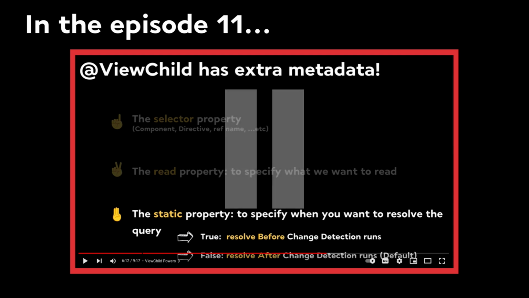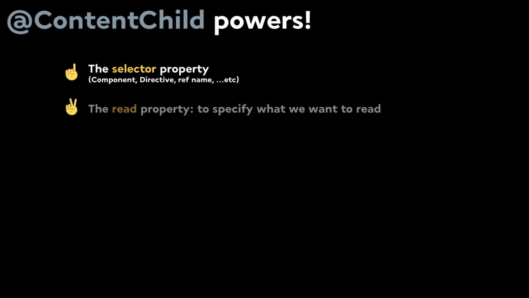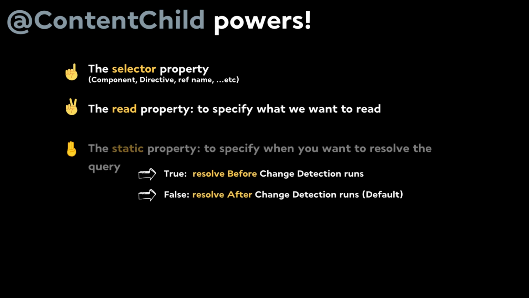Like ViewChild, the ContentChild decorator has extra properties and metadata, making it more powerful, as they are almost like the ViewChild ones. I'll quickly go through them. First, the selector, to select a projected component, a projected directive, and so on. Second, the read property to specify what you want to read, a component, a template, a directive, etc. Third, the static property to specify when you want to resolve the query.